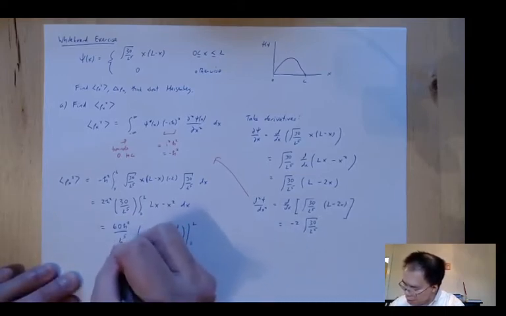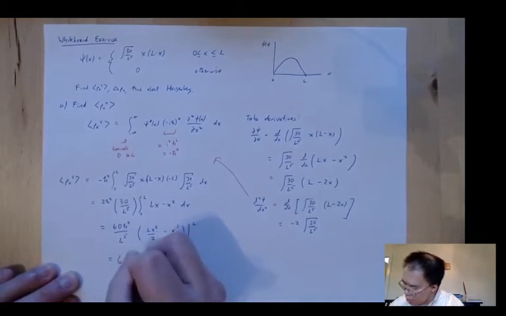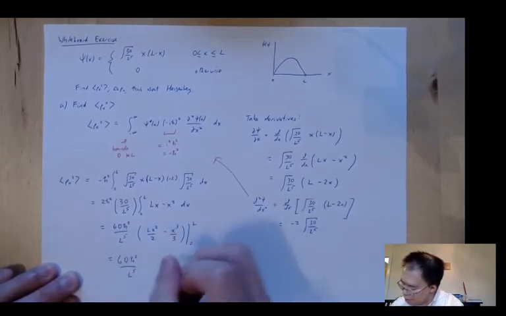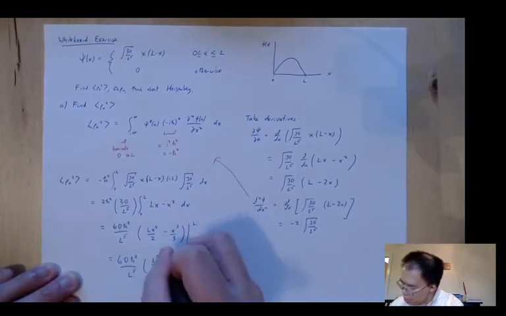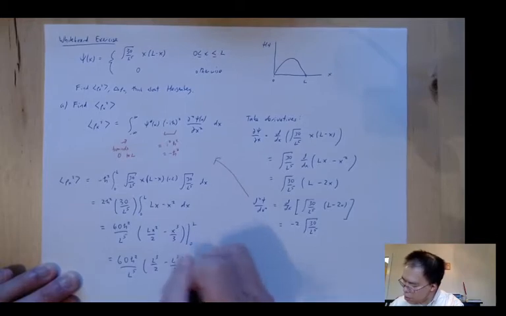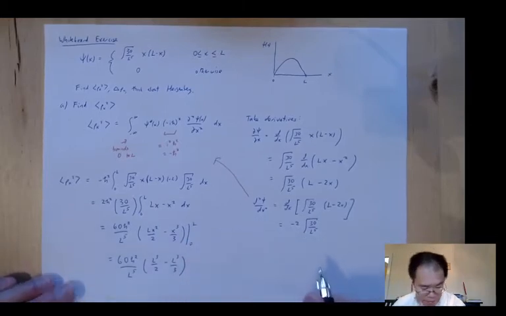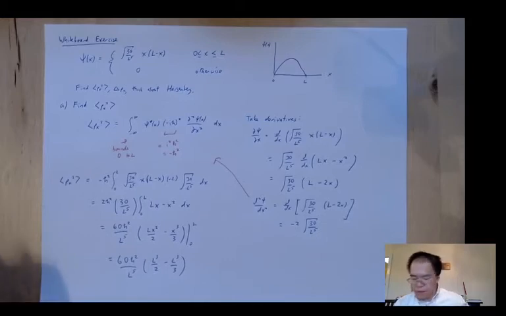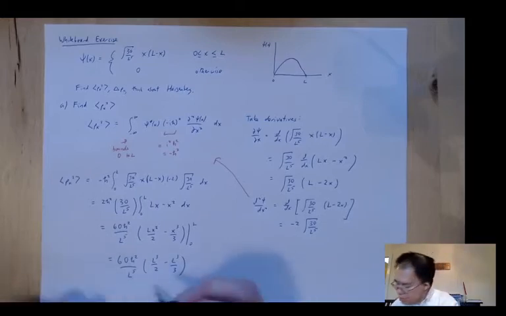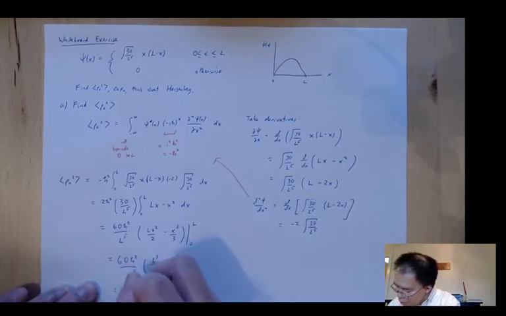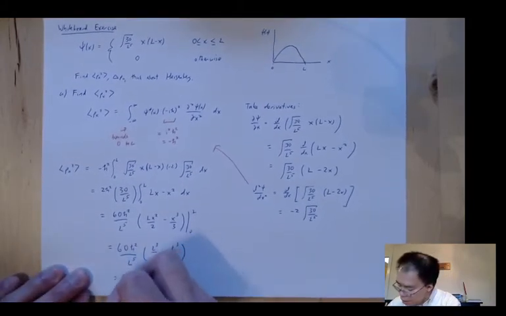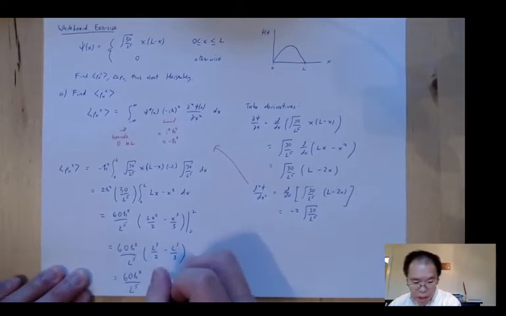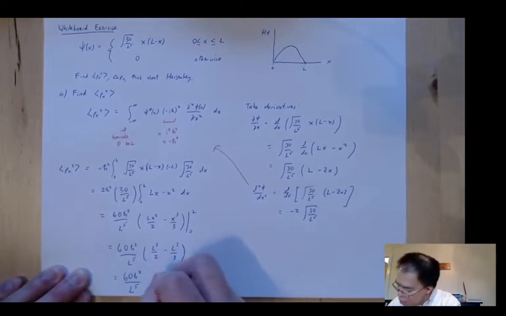So I get 60 h bar squared over L to the fifth times L cubed over 2 minus L cubed over 3, and that ends up being 1/6 L cubed. So I have 60 h bar squared divided by L to the fifth times L cubed over 6.